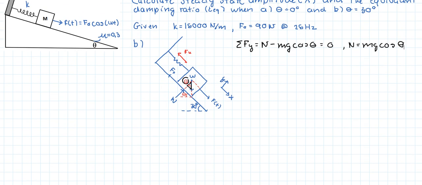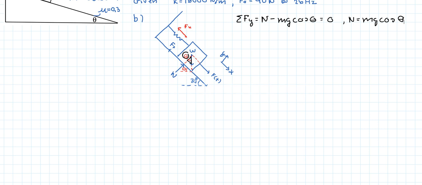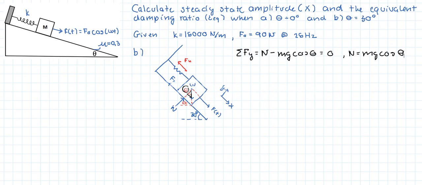Essentially, we're just going to use the same formula as before, but we're going to replace the normal force by, or rather, multiply the normal force by the cosine of the angle. So the steady state amplitude is given by, we said, F naught over K times the square root of 1 minus 4 mu n divided by pi times F naught.